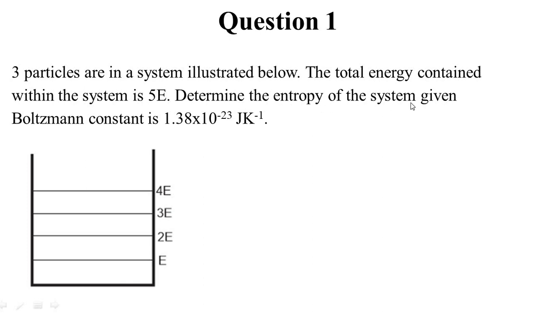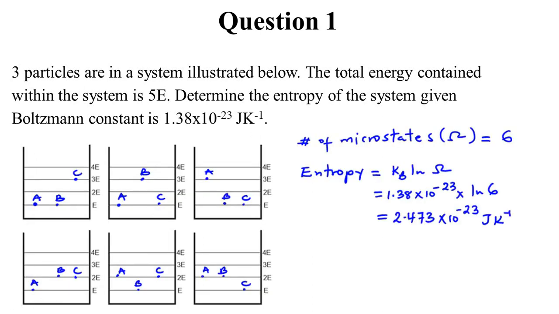Determine the entropy of the system given the Boltzmann constant as 1.38 times 10 to the power minus 23 joules per Kelvin. Now this will take us to thinking of the microstates, the number of microstates that these particles are likely to settle in when you think of this system and the energy limits.